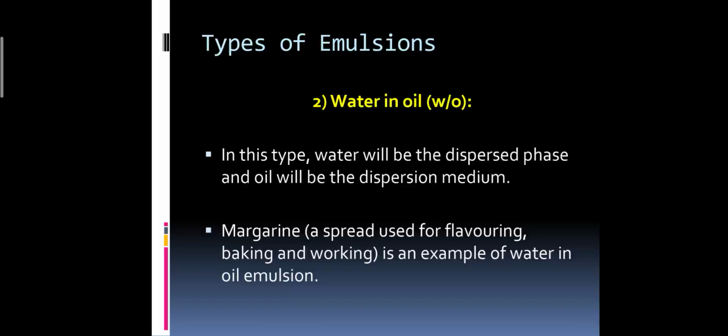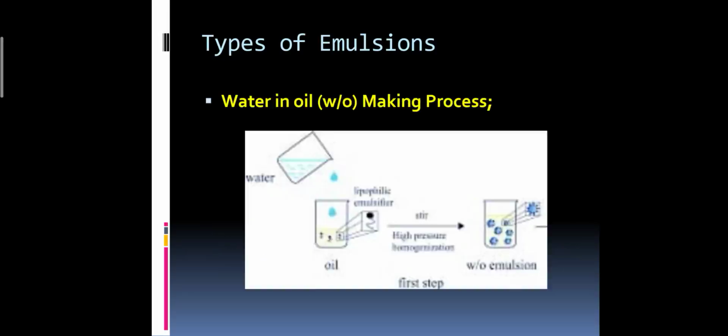The second one is the water in oil emulsion. In this type, water will be the dispersed phase and the oil will be the dispersion medium or continuous phase. An example of water in oil emulsion is margarine, which is a spread used for flavoring, baking and cooking. The water in oil emulsion making process is very easy.